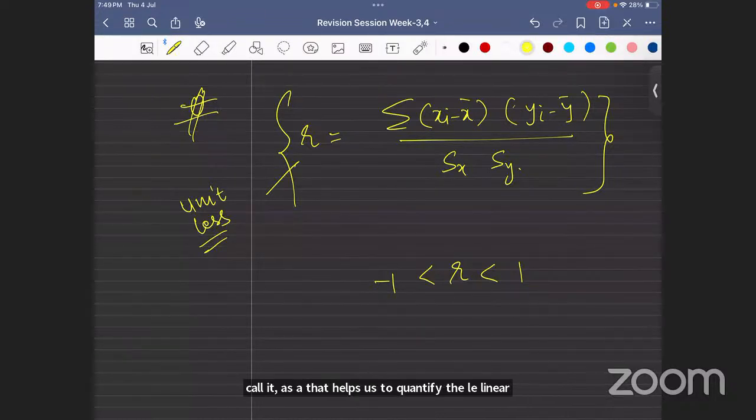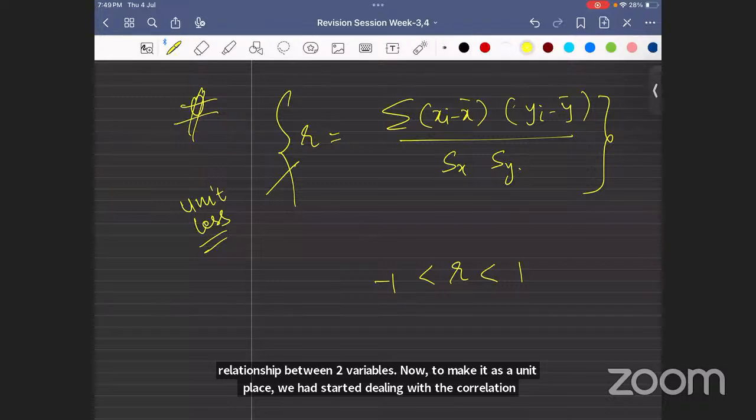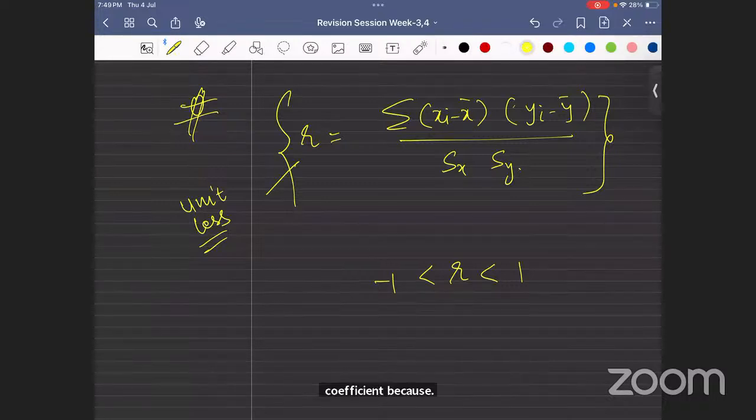Now to make it unitless, we started dealing with the correlation coefficient, which helps us measure the linear association between two different numerical variables. It is derived from the covariance itself: we are just dividing the covariance by the standard deviation of x and y.